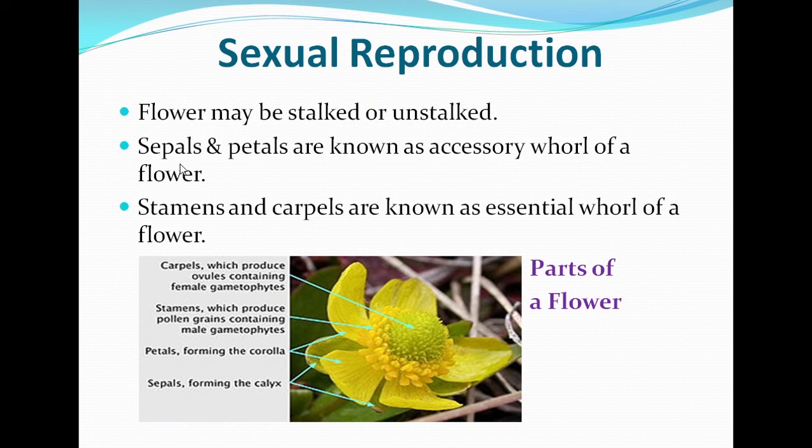Now, sepals and petals are known as accessory whorls of a flower, and stamens and carpels are known as essential whorls of a flower. So this is a very important point. You have to know the sepals and petals. Sepals and petals are known as accessory whorls, and stamens and carpels are known as essential whorls.